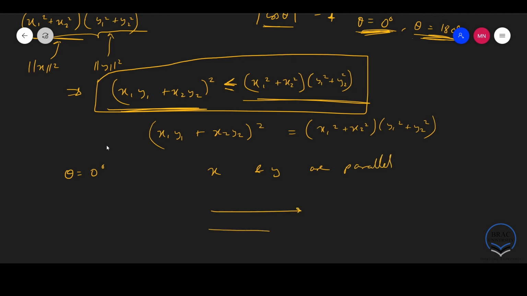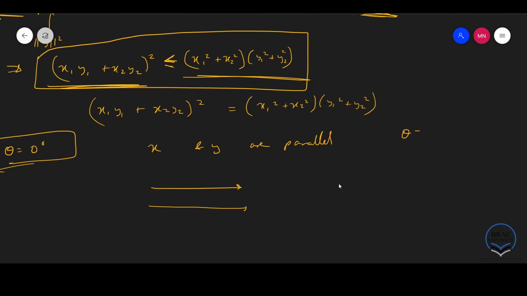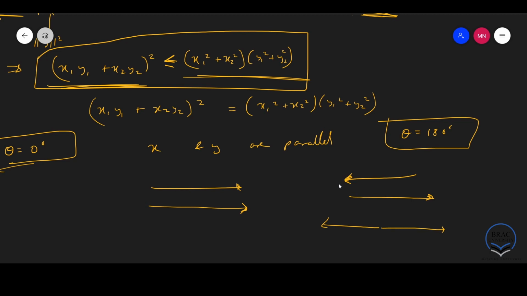They are both in the same direction, and the angle between them will obviously be 0 degrees, right? And when theta is equal to 180 degrees, then in this case, my vectors x and y are actually in completely opposite directions. So they're still parallel, but they're in opposite directions. Whereas for 0 degrees, they are in the same direction, right? If my vectors are in opposite directions, then the angle between them will be 180 degrees.